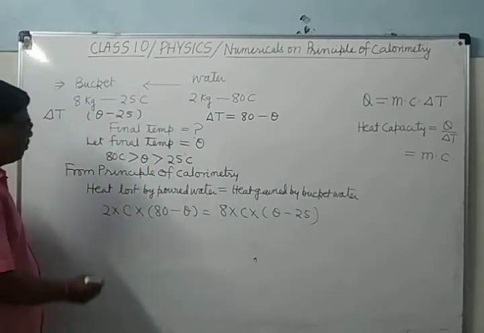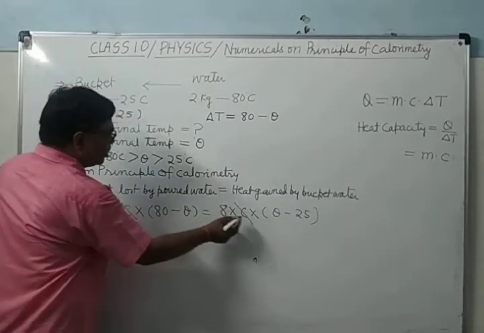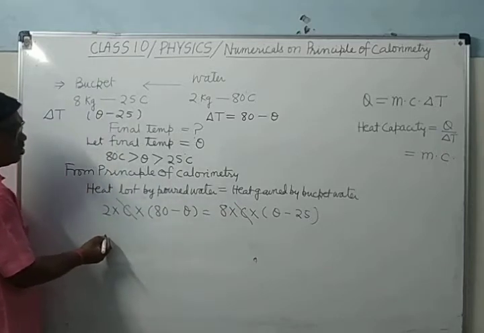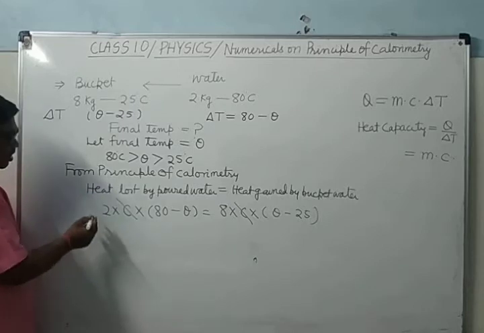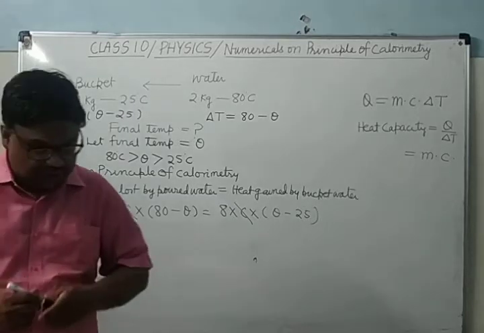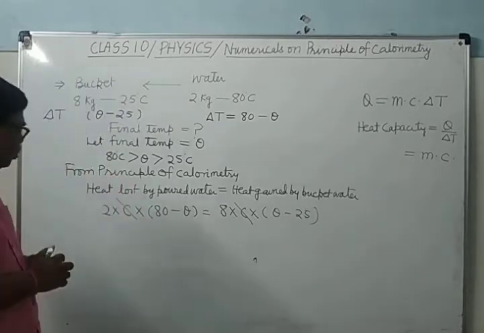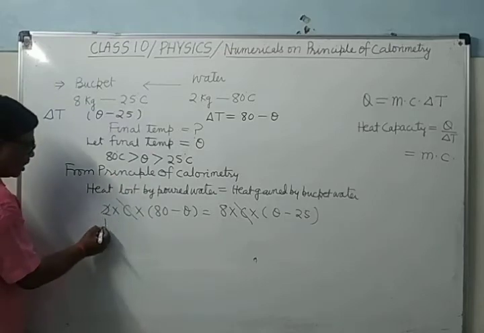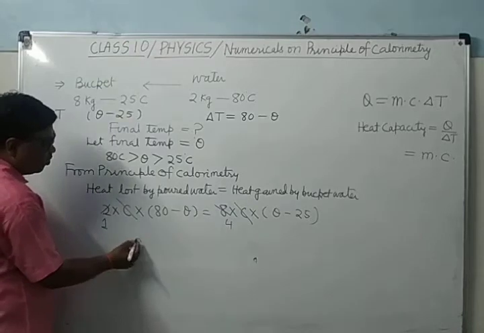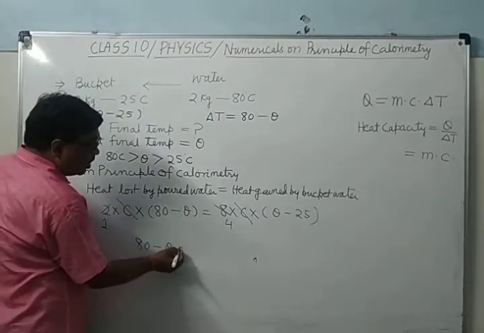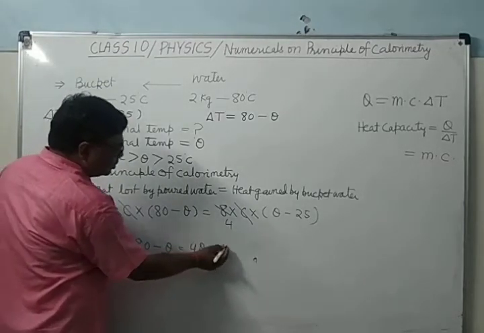When you simplify, C and C will cancel. Cancelling, 2 divided by 2 gives 1, and 8 divided by 2 gives 4. So here you will get 80 minus theta equals 4 theta minus 100.